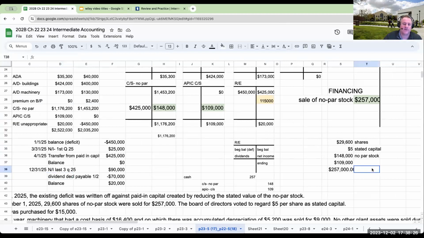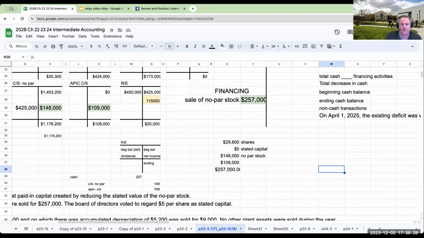So with this dividend that had been declared, how would we handle this? Well, when I declare a dividend, I'm debiting dividends, crediting dividends payable, and this over here would be for 70,000. What happens to dividends? It gets closed out to retained earnings.